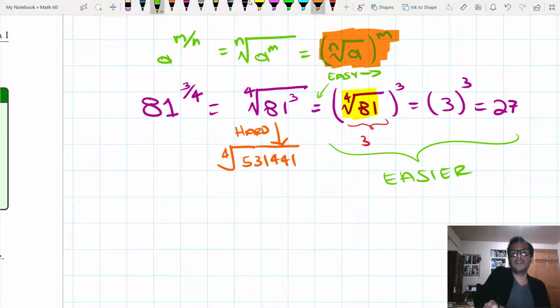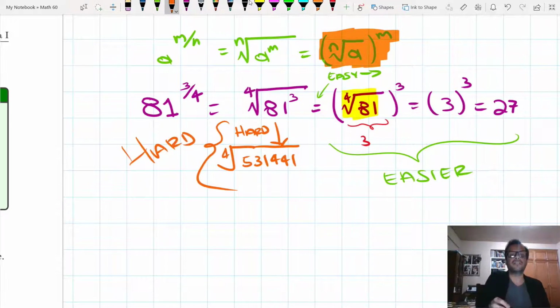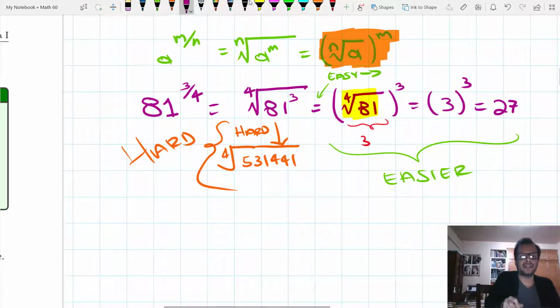And this is hard. So hard, why is this hard?